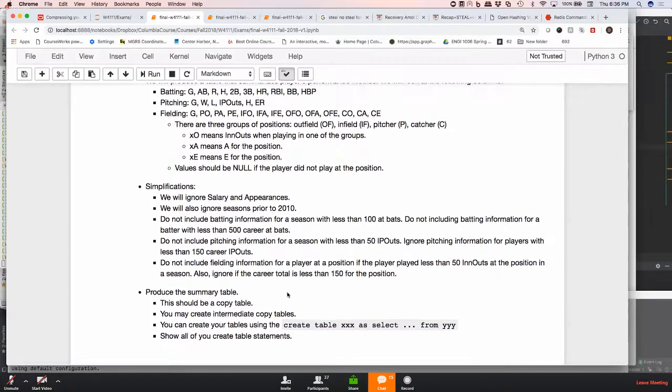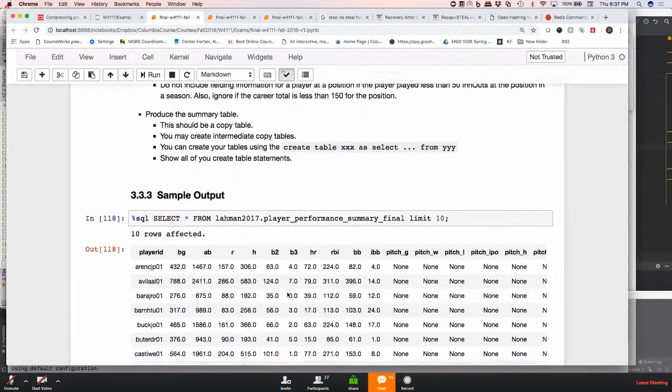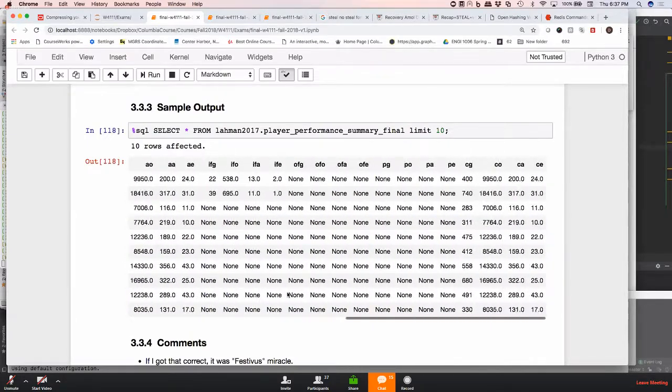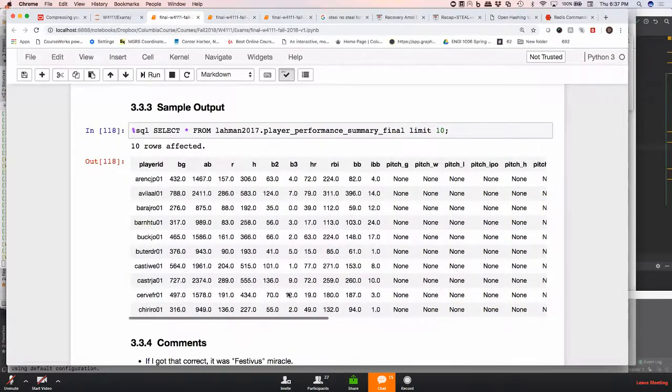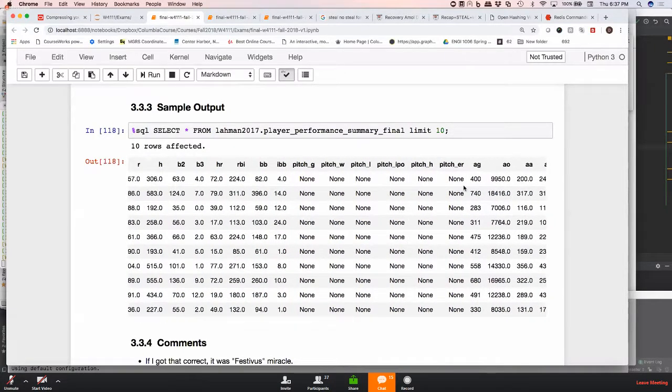So make a copy table. You can create intermediate tables, and so on. This is the answer that I get, so this is my wide flat table. Player ID, games batted, at-bats, runs, hits, doubles, triples, home runs, runs batted in, walks, intentional walks, never pitched, never won a game as a pitcher, never lost a game as a pitcher, never had outs as a pitcher, never gave up hits.